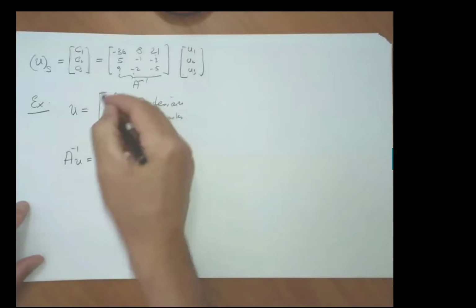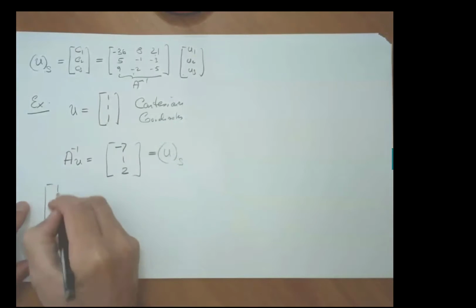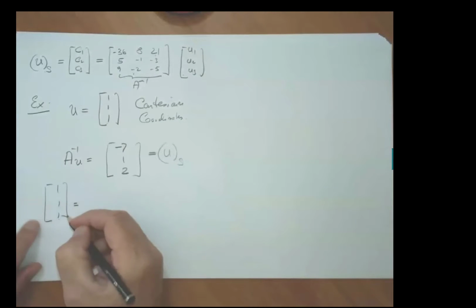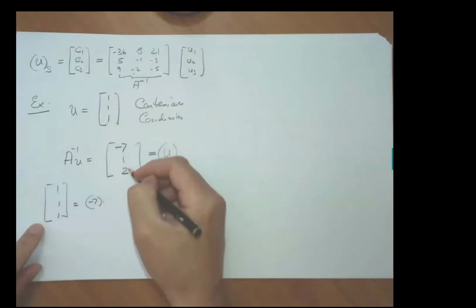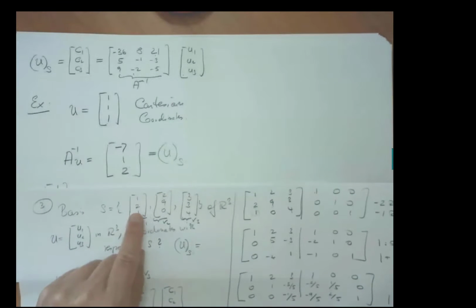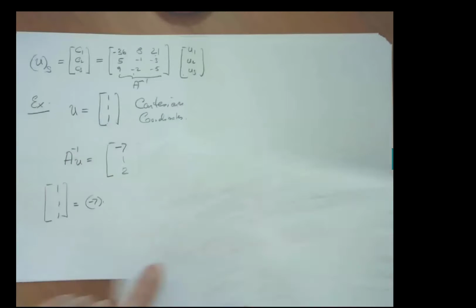So that means the vector 1, 1, 1 is also the vector minus 7 times V1. Now we go back to the meaning of our basis. This is V1, V2, V3.